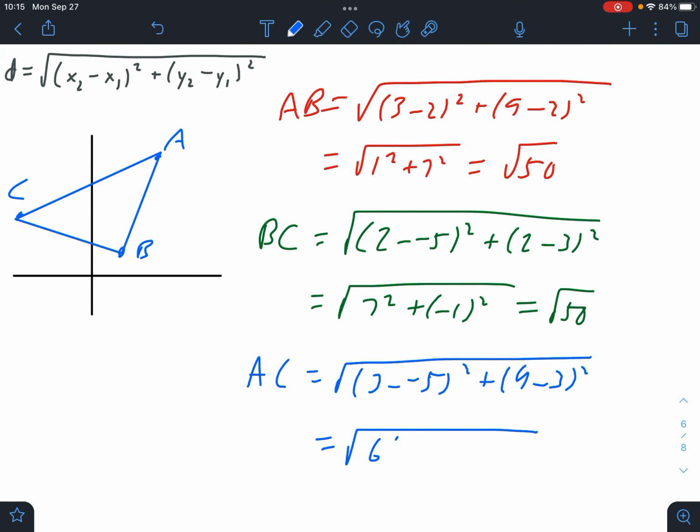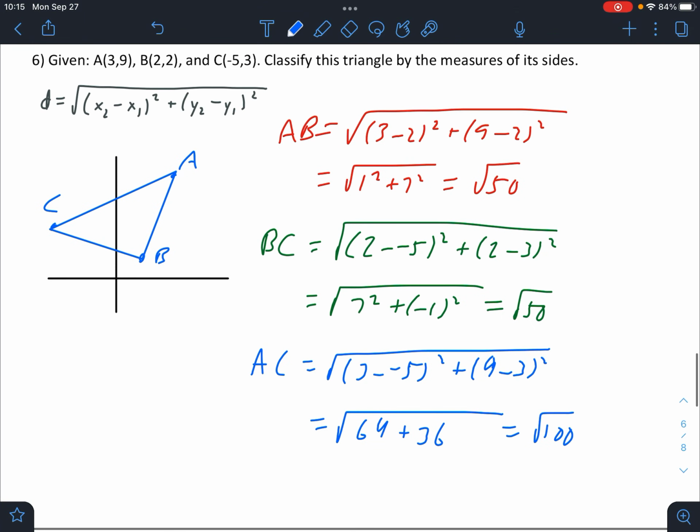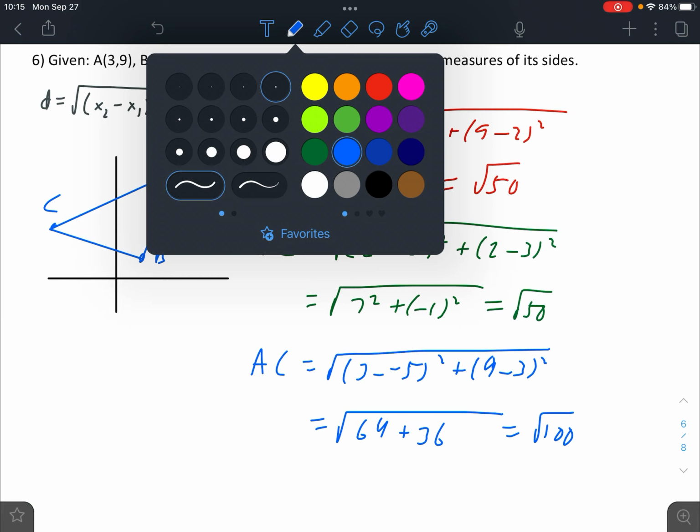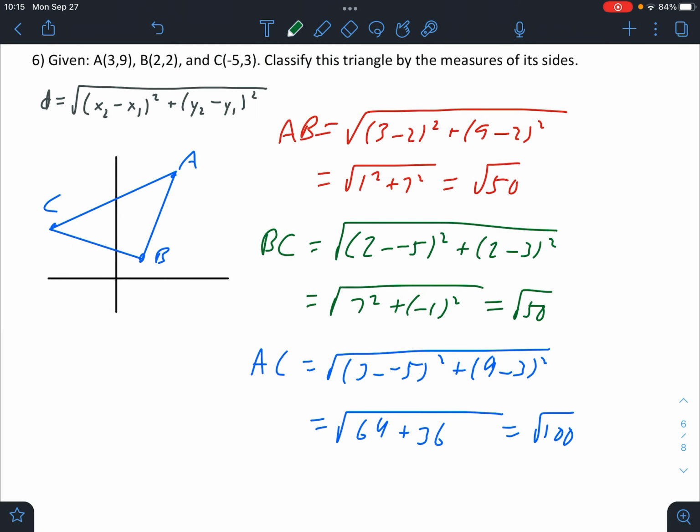That's 8 squared plus 6 squared, which is root 100, which would be 10, but again, we don't really need that. But we have our 3 side lengths here. 2 of them are the same, so therefore this is called an isosceles triangle.